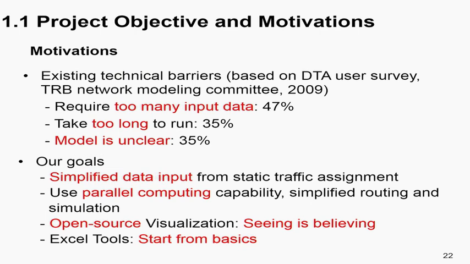The history of the DTALite actually comes from almost 2007 or 2008. In 2009, there was a TRB Network Modeling Committee, and almost 10 years ago, we wanted the dynamic traffic assignment to be used by many community users or members in the United States.